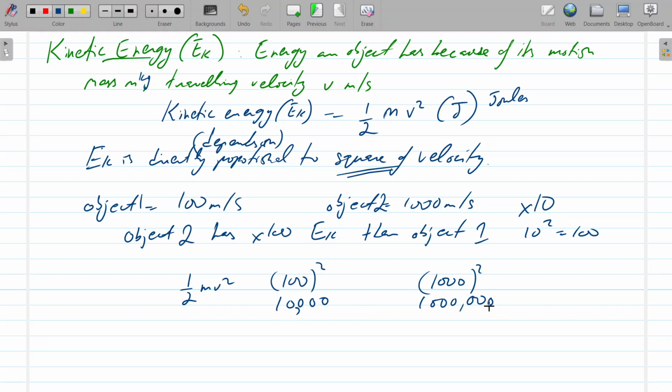How many zeros difference do we have? We've got 4 zeros here, 6 zeros here. So that's 2 zeros, so it's 100 times more kinetic energy. Make sense? You obviously divide by 2, but still the factor will remain the same.